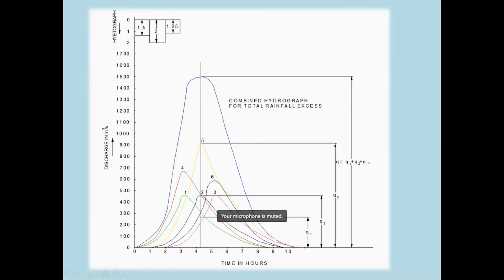Again, step by step we are going ahead. So previously, here the same thing has been implied: if there is a 1 hour rain, 1 hour rain with total rainfall of 1.5 centimeter has occurred in the first hour.